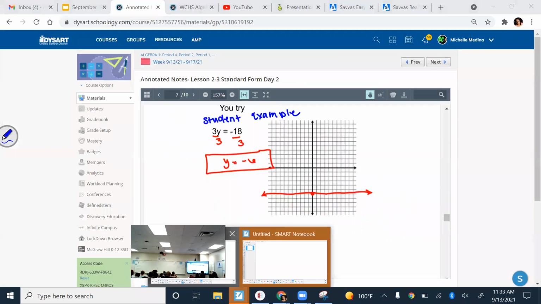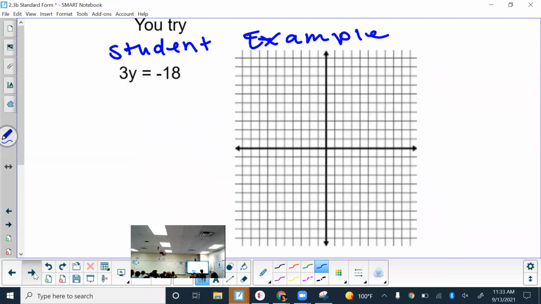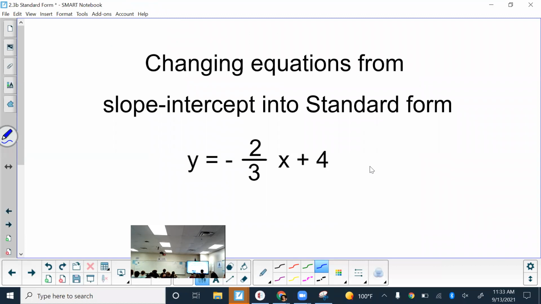So flip to the back side, and write down these instructions at the top. I'll point an arrow to it. Write this down at the top, because that's going to be the instructions for all three examples.